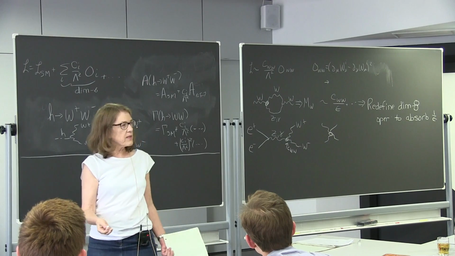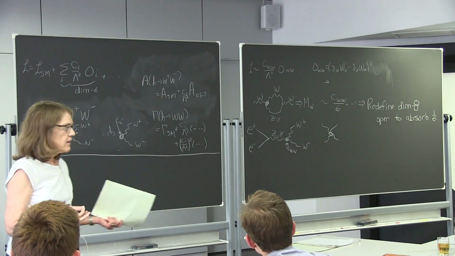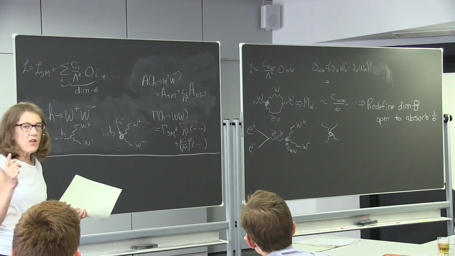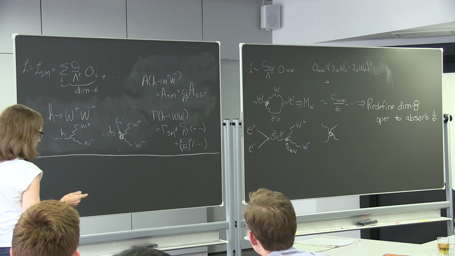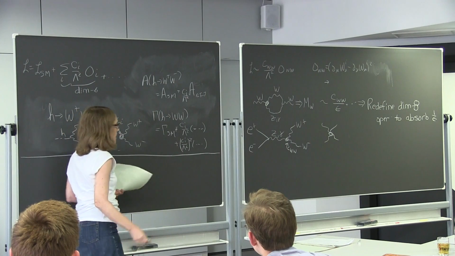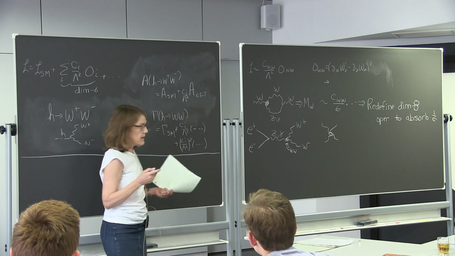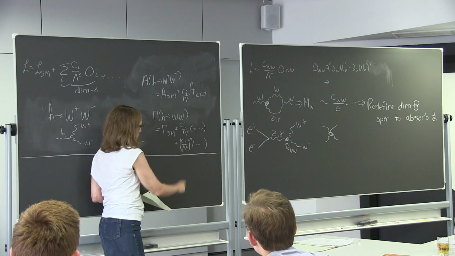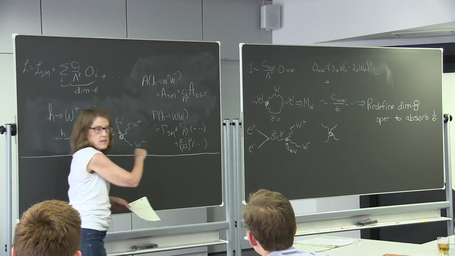Fine, but what's the problem with this? There's a logical fallacy when I do this. Okay? I calculated my amplitude and I squared it. But the logical fallacy with doing this, okay, so here's the lambda squared. Here's the 1 over lambda to the 4th piece from squaring it.